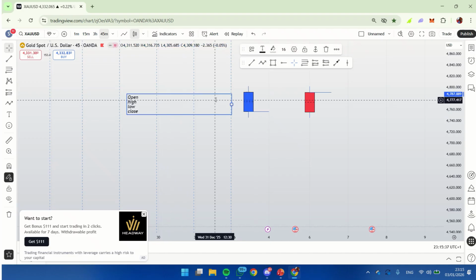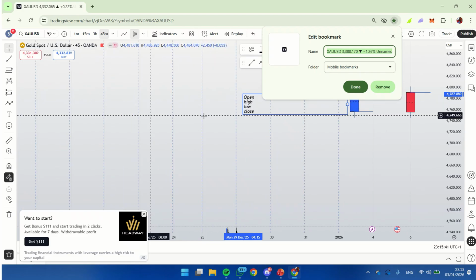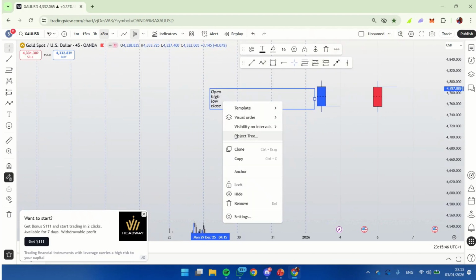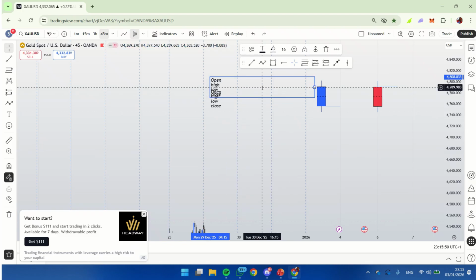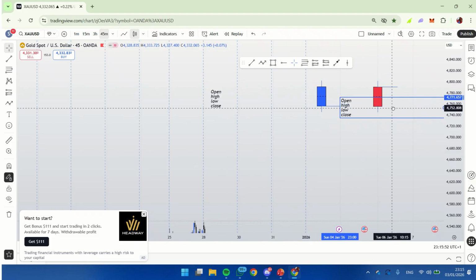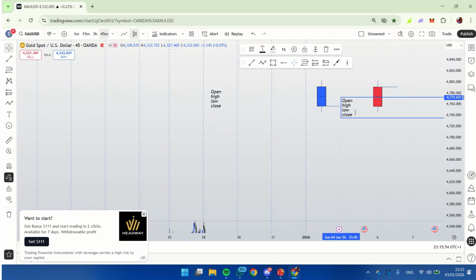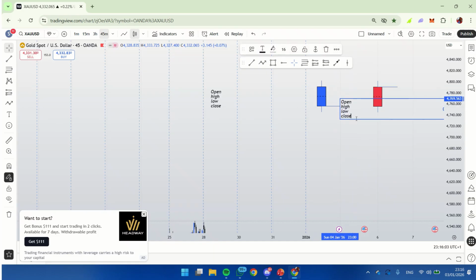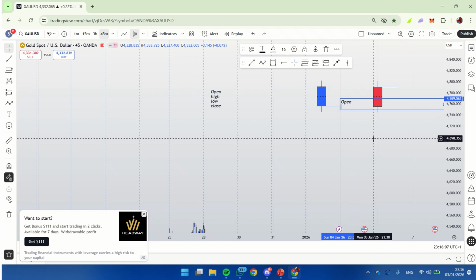Let me duplicate this, and this just duplicates. So I have to clone, just clone this. This is my open. And to edit. So this is my open here.